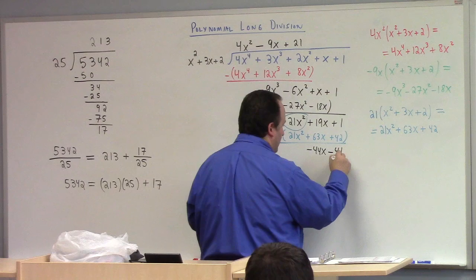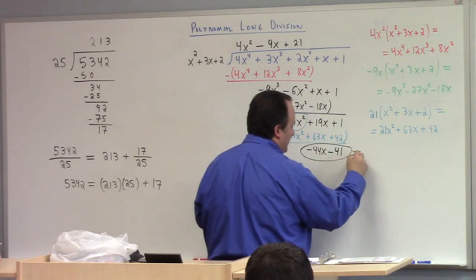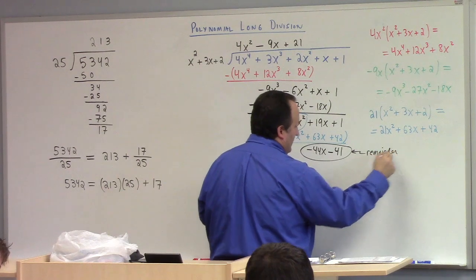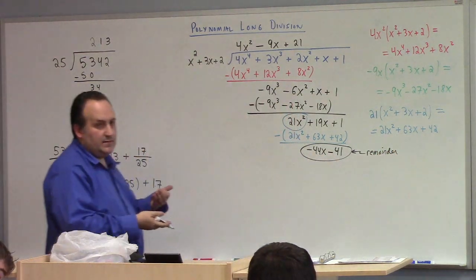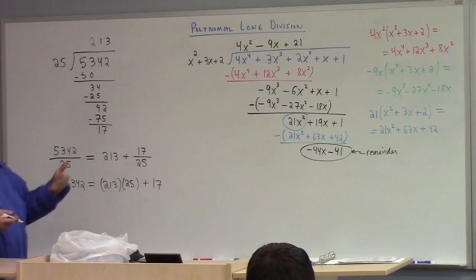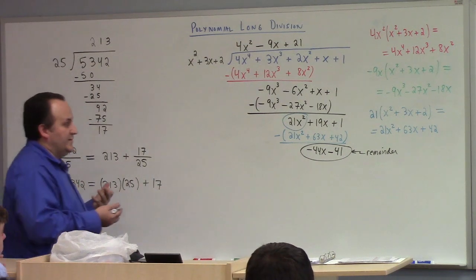At this point, this right here is the so-called remainder. Why is that? Because this has degree 1, whereas our divisor had degree 2. All right? And what does this calculation mean? Let me tell you what it means.